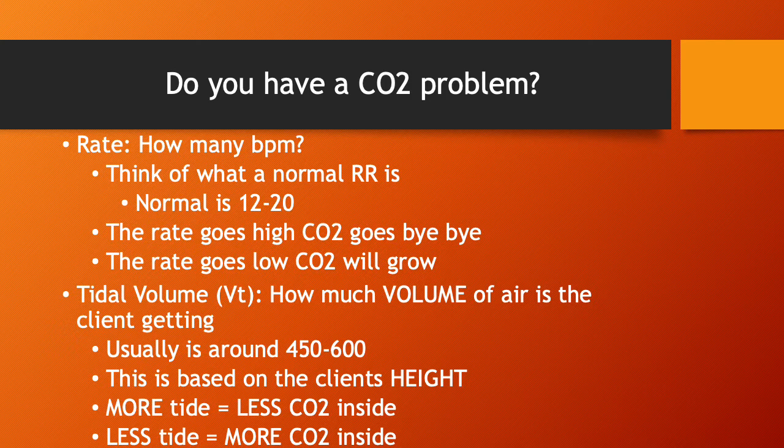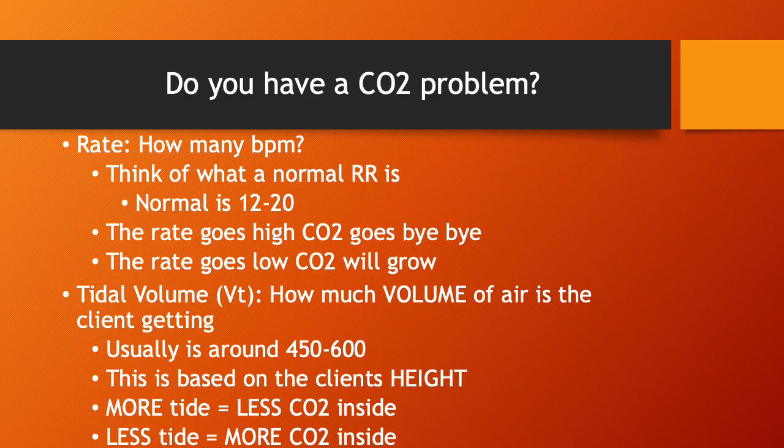So I can decrease their tidal volume and that might help to hold on to some more of that carbon dioxide. And vice versa. If I was on a really low tidal volume, like 300, and my CO2 was high, then what I could do is increase that tidal volume, and it would help me get some more of that CO2 off. So it's all about that ventilation process.